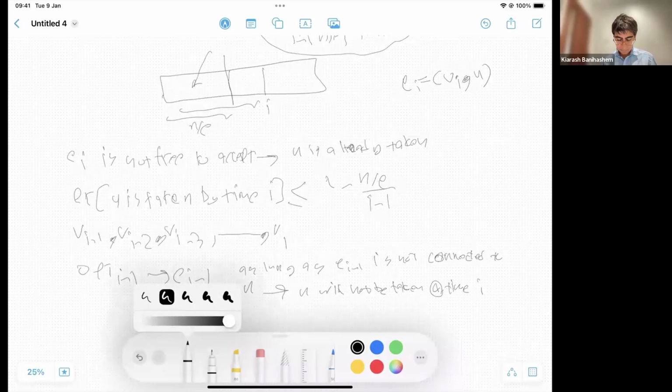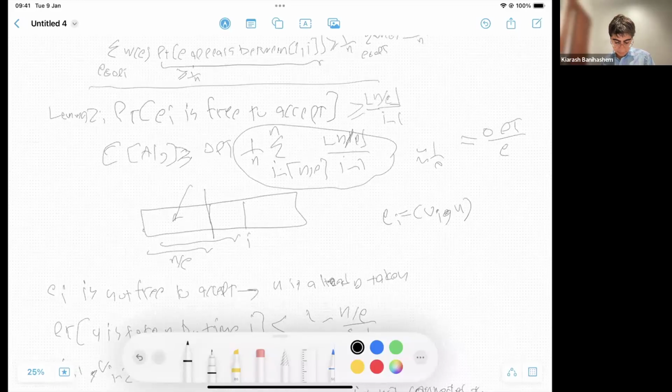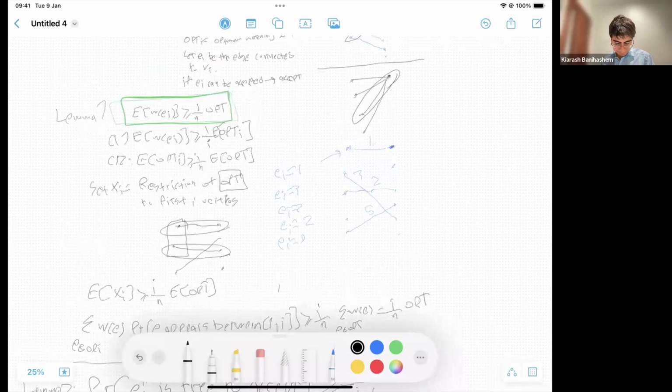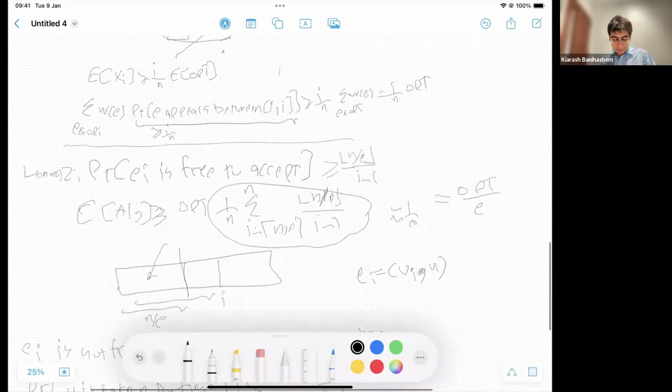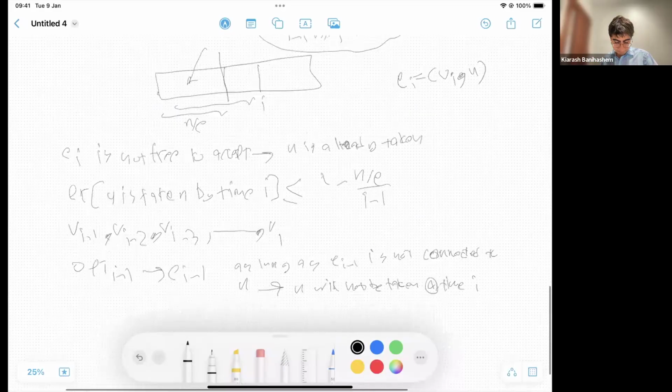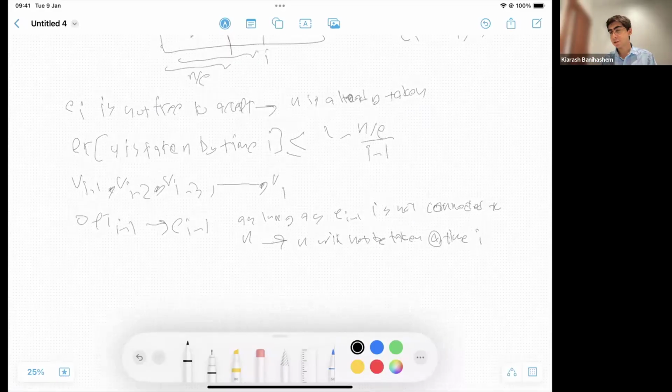If you recall the algorithm, it only accepted an edge if the only edge it could possibly accept at time I was the edge EI, so the edge that was connected to the vertex VI in the optimum seen so far. So as long as the edge EI minus 1 is not connected to U, I'm going to be safe for this time step.